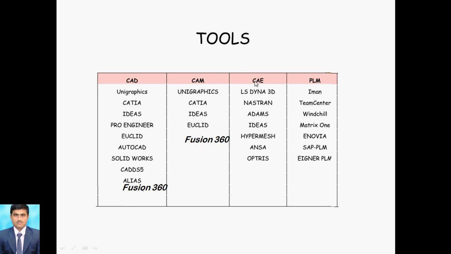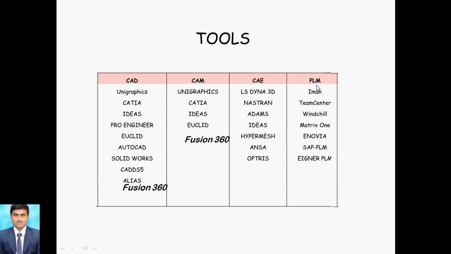The next part is CAE. Here we can analyze the flow channels, or flow analysis, then structural analysis we can carry out in CAE. There are different softwares: ANSYS, ANSA, then Hypermesh, Ideas, Adams, Nastran. The next part is PLM, that is product lifecycle management.